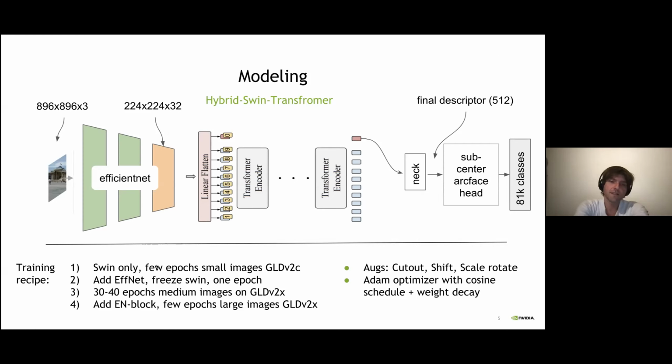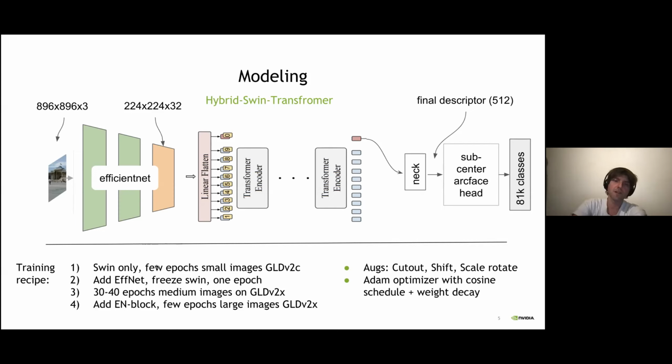So what I did is I started training only the Swin Transformer on the 224 image size on the GLDv2 clean, and then added the EfficientNet backbone and wanted to train on medium images, meaning double the image size, so 448.